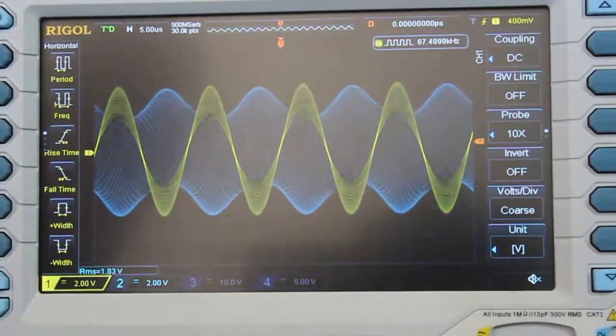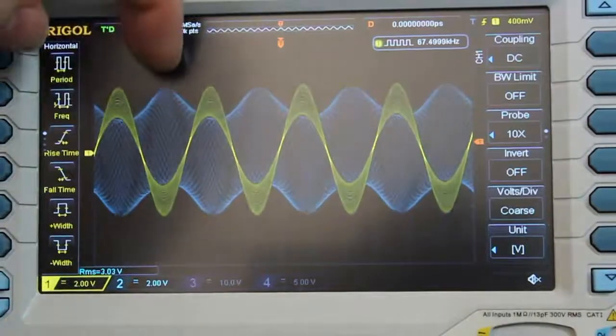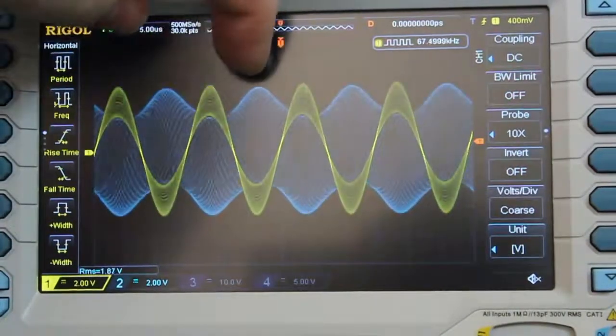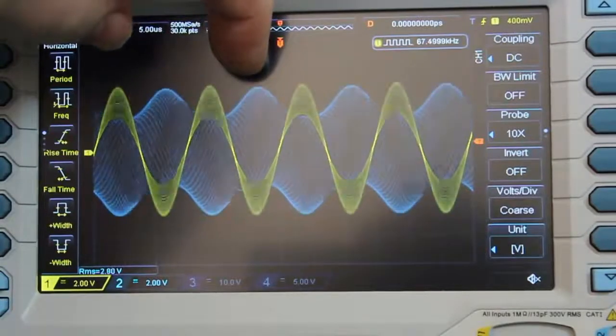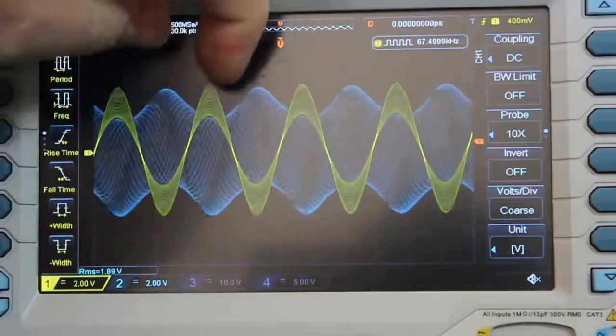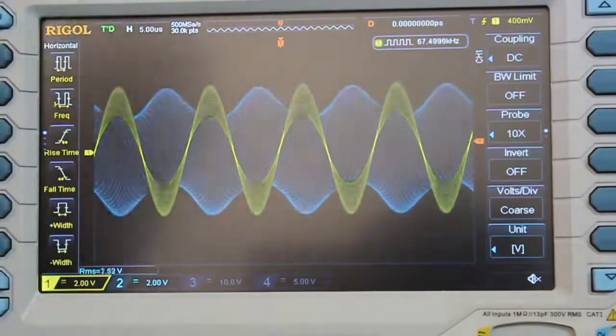rise and decay in amplitude on the yellow wave. Okay, and you can see we're 180 degrees out of phase, so from peak to peak on the yellow, approximately in the middle, is 180 degrees, so 360 divided by 2 is 180, and that's where the blue wave is sitting.